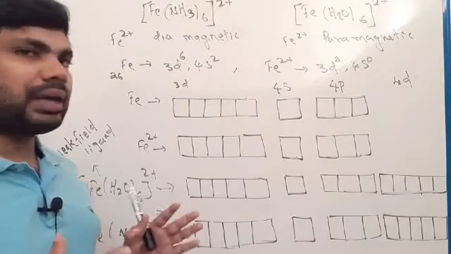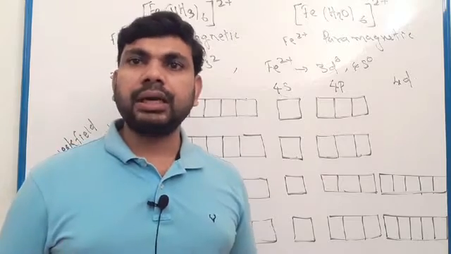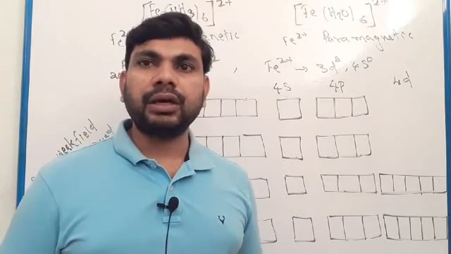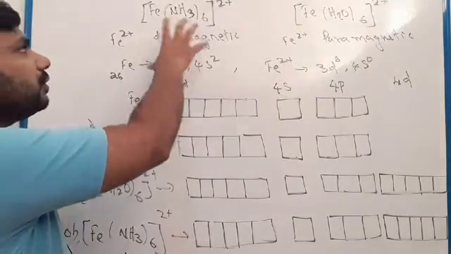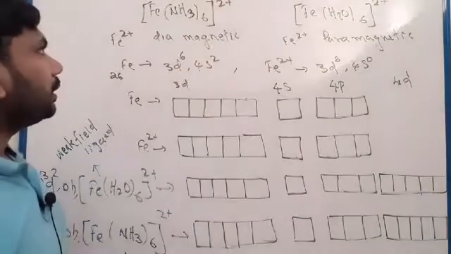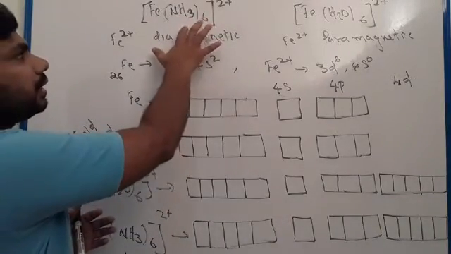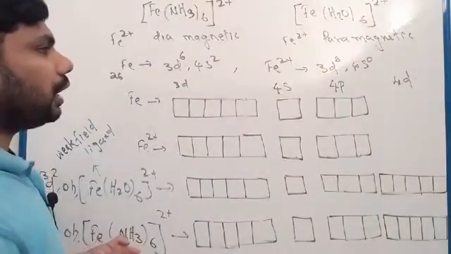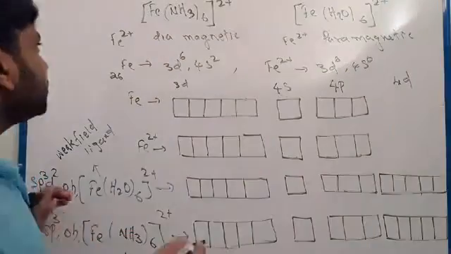So we can use valence bond theory to explain this different magnetic behavior. Let us see how to explain this. Here you can find the charge of iron. Iron is 2+. You know how to find the charge of a coordination compound, we discussed before.